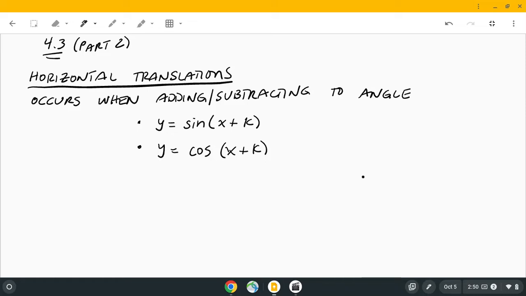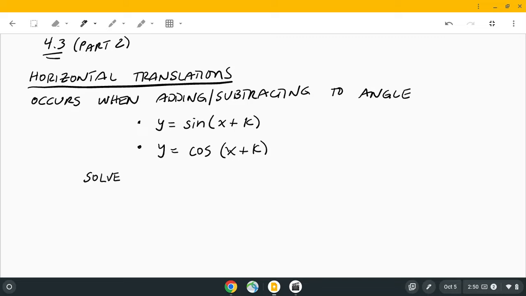And again, just like before when we were multiplying with the angle, whenever you do stuff to the angle, it's going to change your endpoints for when you have one cycle.